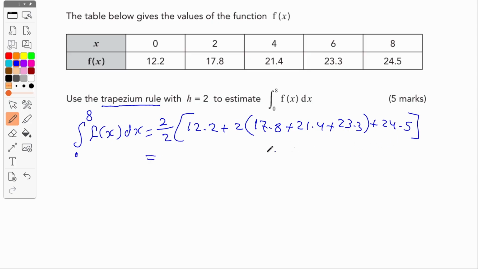You should do this by calculator. The final answer will be 161.7, that is square units. Okay, this is the estimation of the area or the integration of this function.